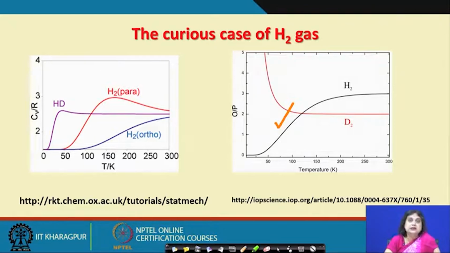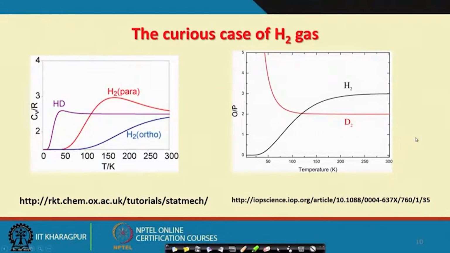So, all this information that you see here, which are results of measurements, can be justified within the framework of molecular thermodynamics.